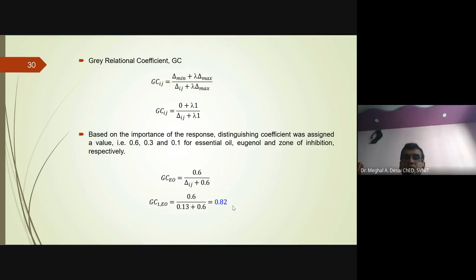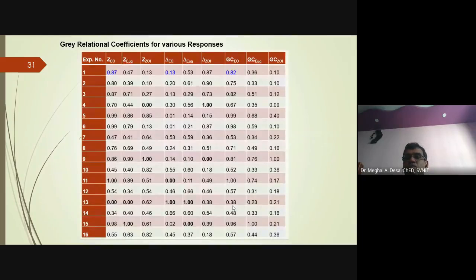So first normalization, then delta, then GC. In GC we have defined lambda. Based on that, we were able to find the GC value for the first experiment. In a similar fashion, we can find it for all the experiments, for all the responses. So you see 0.87 for the first experiment, 0.13 and 0.82.